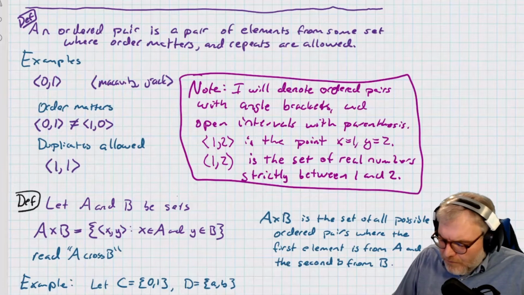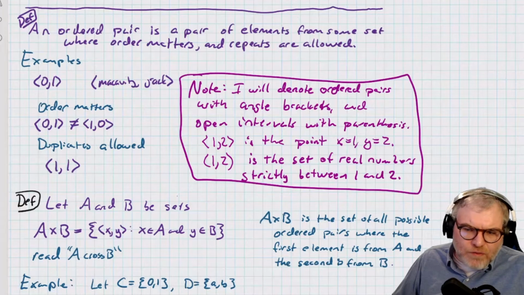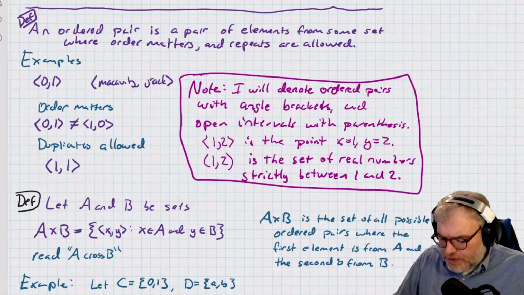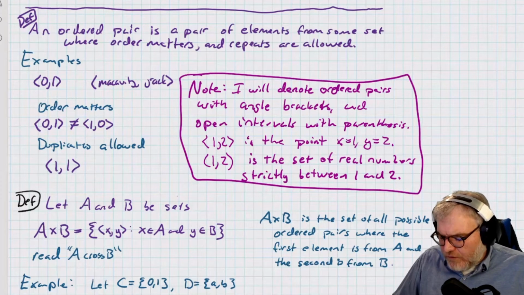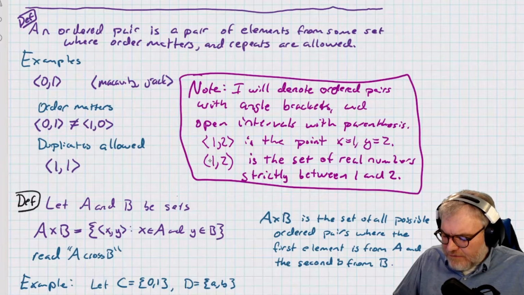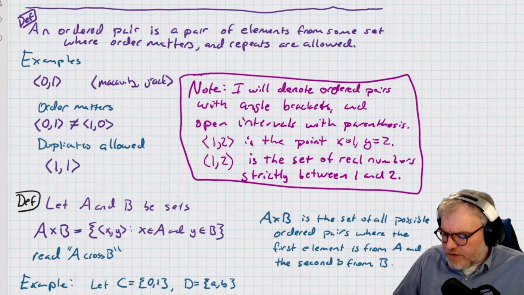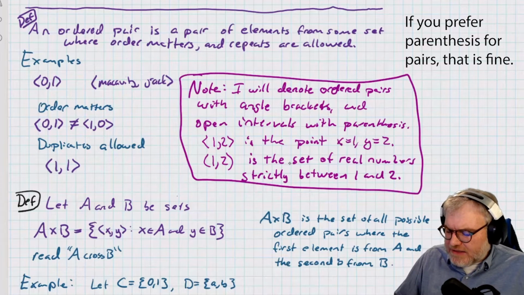By the way, there's a little note here. The book denotes ordered pairs with parentheses. A more modern thing to do is to use angle brackets. Both are legal. The reason I've moved to angle brackets is because it makes this less confusing. When I write on the board the angle bracket 1, 2, that means I want the point x equals 1 and y equals 2. If I write parentheses, what I want is the set of all real numbers strictly between 1 and 2.